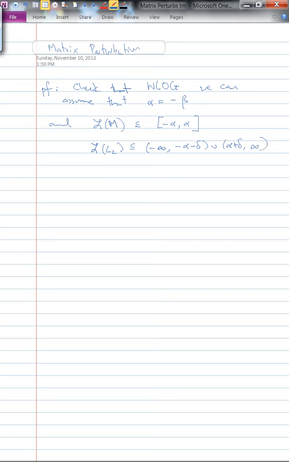So now let's apply the lemma from above. So to apply the previous lemma, note that M is now bounded by alpha, and L2 inverse is bounded below by alpha plus delta.